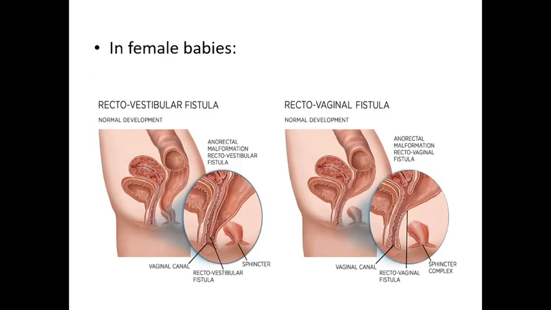Now look at this. Here we have the urinary bladder, this is the uterus and the vagina, and this is the colon, rectum, anal canal and the anus. So this is in a normal person. Now this is in a person with anorectal malformation. So you can see here, the rectum descends along its full length, right?